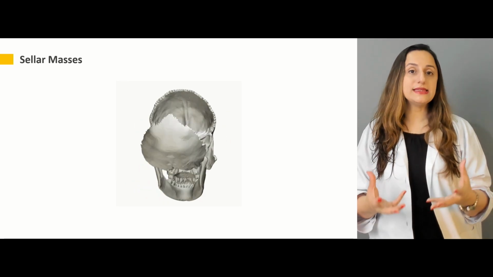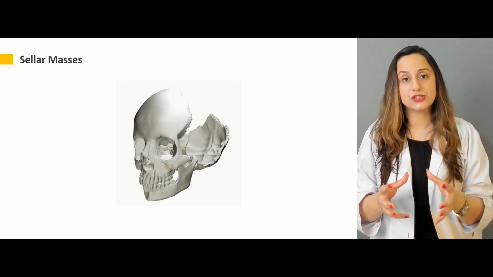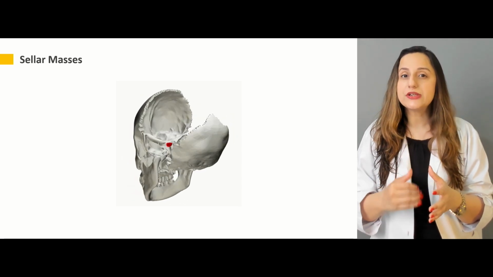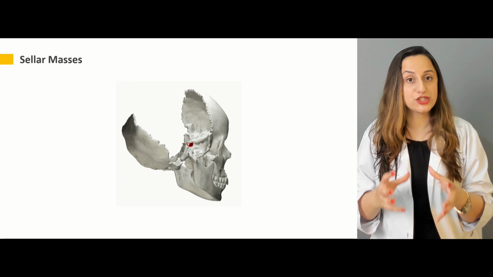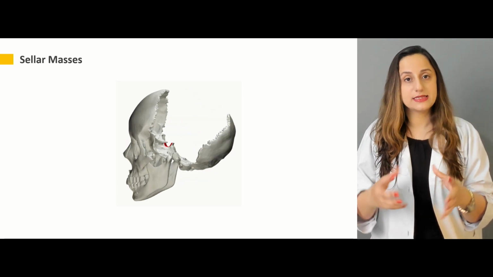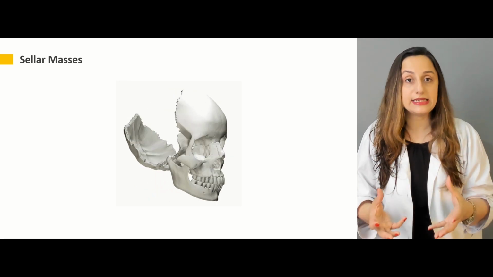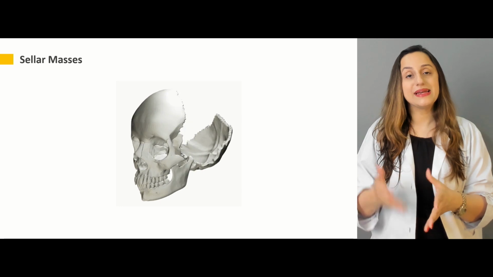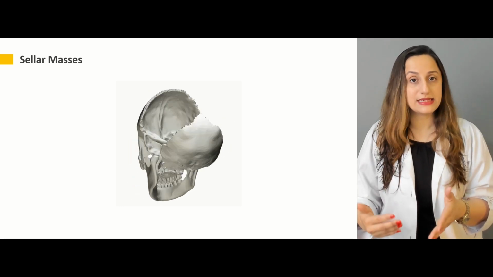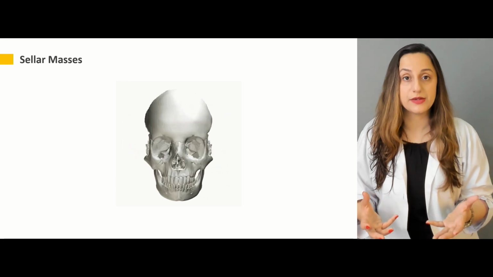Usually the masses which reside in the sella turcica are not bound to this depression only. When you view this area through computed tomography or magnetic resonance imaging, the CTs and the MRIs are the mainstays over here.